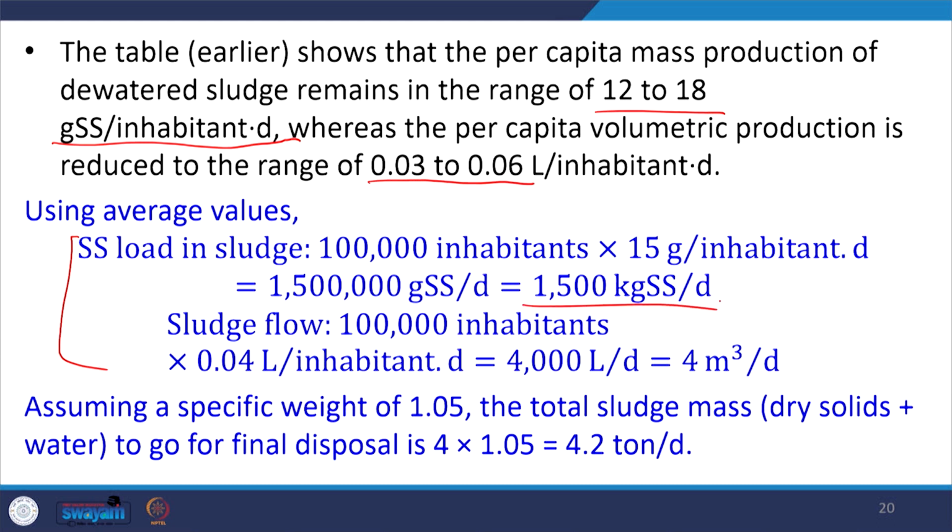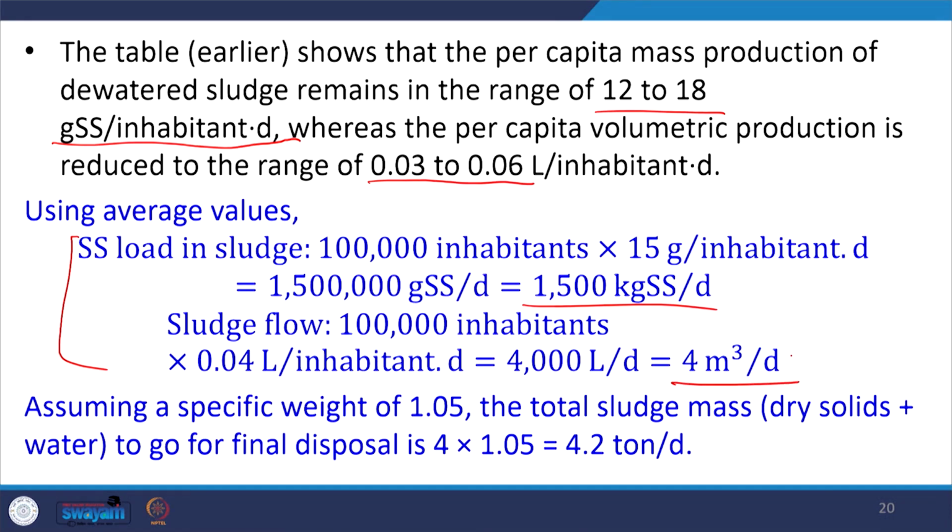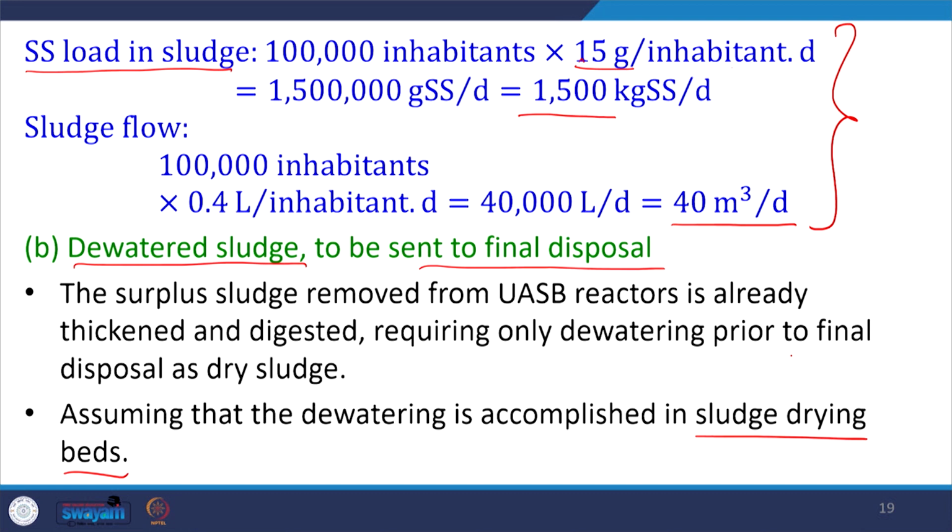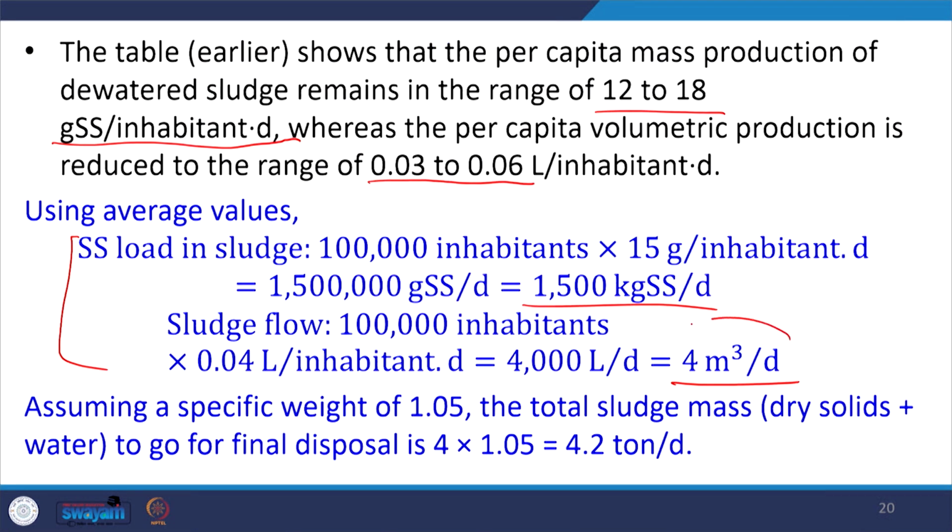Again it will remain the same 1500 kg SS, because SS will not go off, we are only dewatering the volume. So, the volume reduction will happen, and it will become 4 meter cube per day in place of 40 meter cube per day. So, the volume of sludge that has to be handled and sent for disposal or for any other use if possible will be 4 meter cube per day.